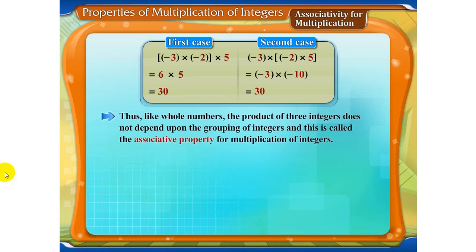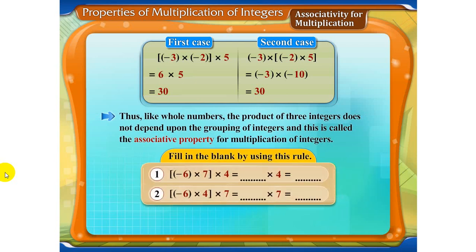Thus, like whole numbers, the product of these three integers does not depend upon the grouping of integers, and this is called the associative property for multiplication of integers. Now, fill in the blanks by using this rule. The answer of the first blank is negative 42, and multiplying it by 4, we get negative 168.